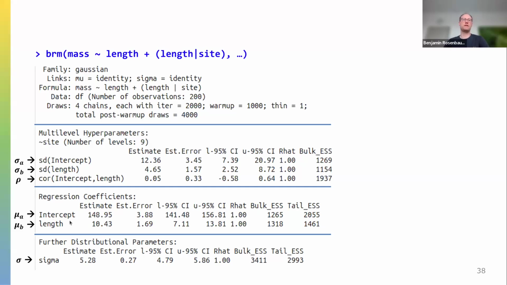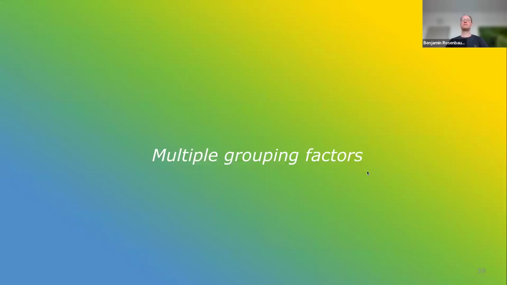So this would be the fixed effect. This overall mu b would be the fixed effect of length, which we are actually interested in. And finally down here, this is just the residual, which is the same as for all of our linear models, the standard deviation of the residuals here.